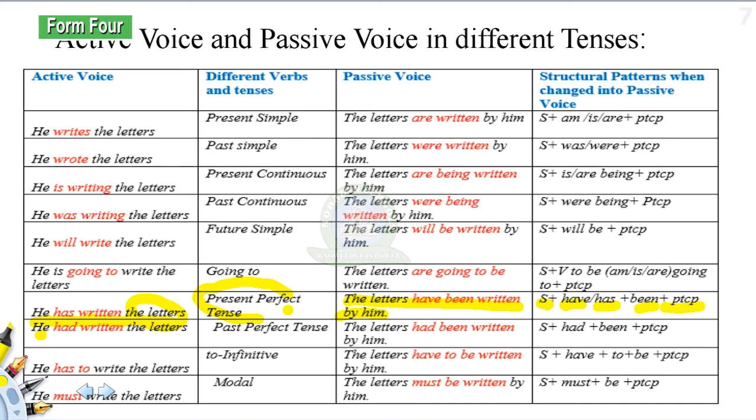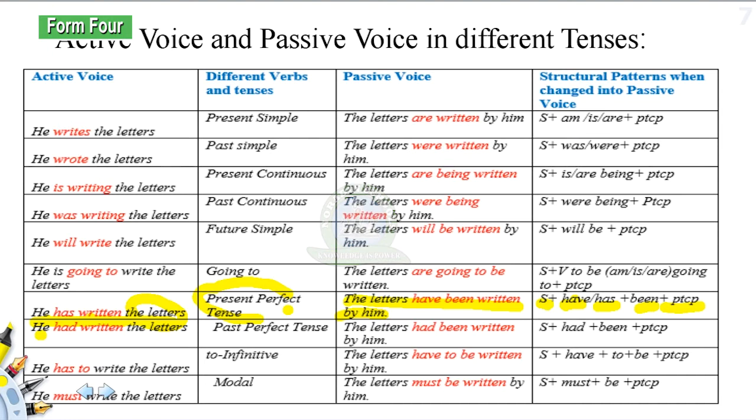The original object is what we flip, so when you change the sentence into passive voice, you start with the original object. For example, I have written the letters. Changed into passive voice: the letters have been written by me.